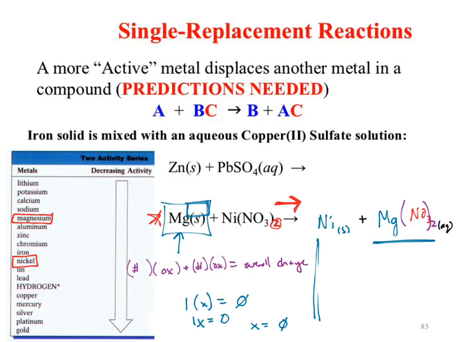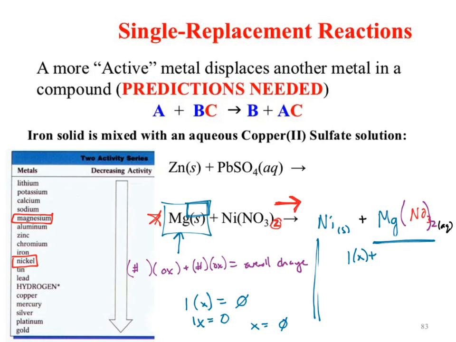Okay, so let's take a look at magnesium in the product side. How would we go through and solve this? Well, I have 1 magnesium times its oxidation state, which I have to solve for, plus 2 nitrates. When I'm doing this, these are the number of what?